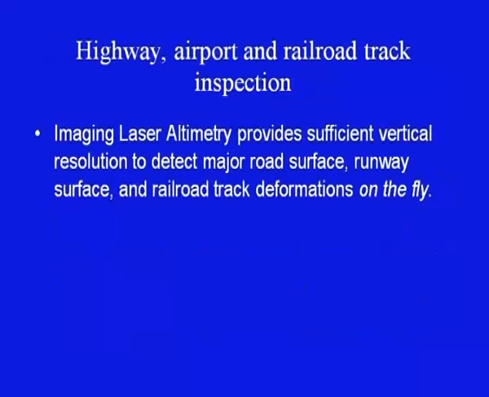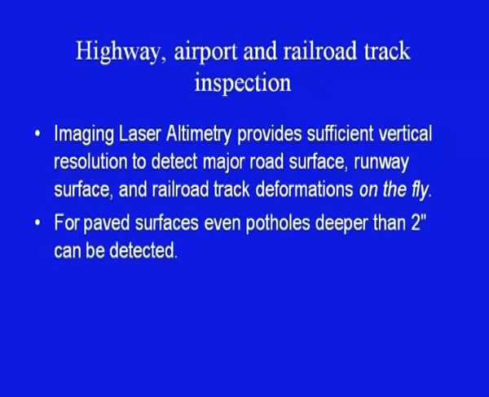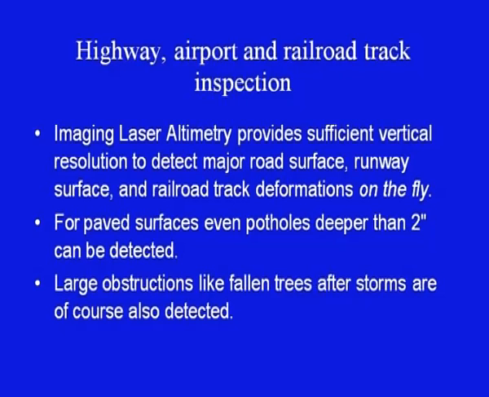In the area of highway, airport and rail track inspection, laser altimetry provides sufficient vertical resolution to detect major road surface, runway surface and rail track deformations on the fly. For paved surfaces, even potholes deeper than 2 inches can be detected. Large obstructions like fallen trees after storms can of course be detected.